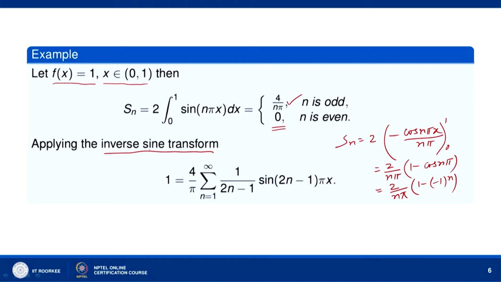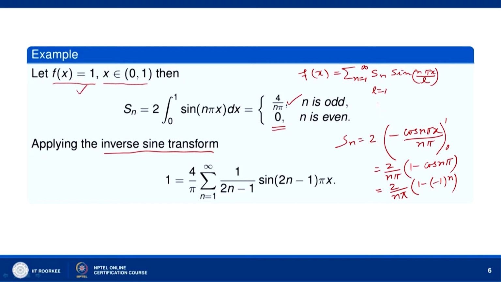Now, f x is given to be equal to 1. So, f x equal to sigma n equal to 1 to infinity S n sine n pi x over L, where L is equal to 1 here. f x is continuous over the whole interval 0 1.